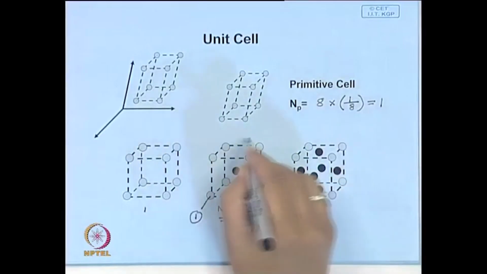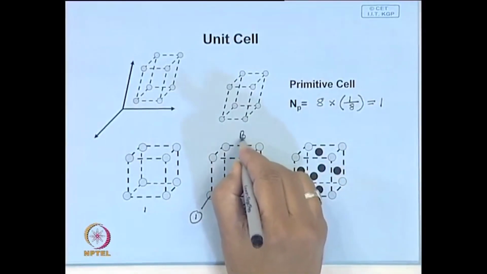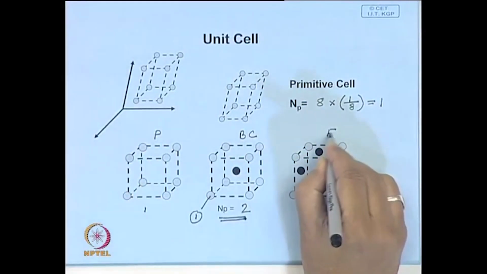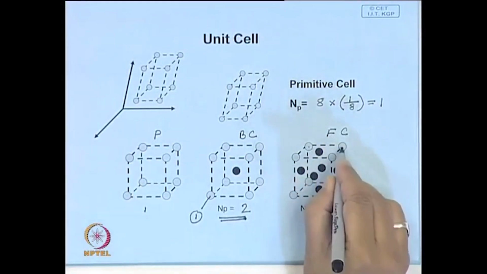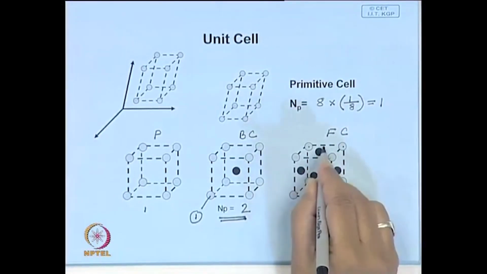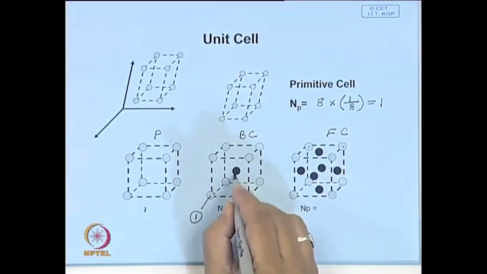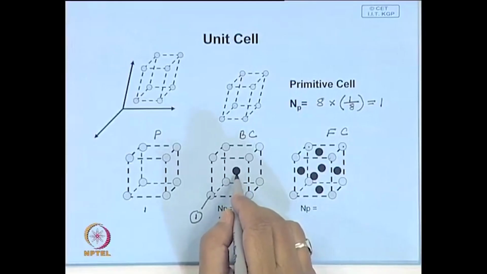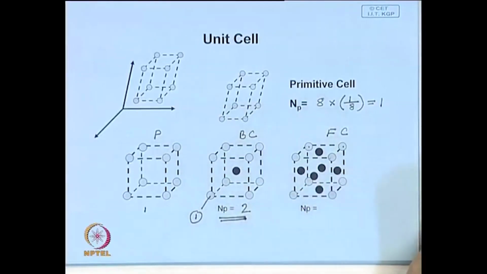Similarly, this is called body centered unit cell, this is primitive cell, this is called face centered. So, in addition to the corner points, you have points at each of the face centers. By adding this additional point, we do not violate the definition of a point lattice, because we defined a point lattice as an array of points in space so that every point has identical surrounding.